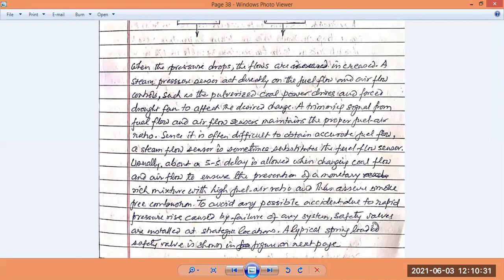A trimming signal on the fuel flow and airflow sensors maintains the proper fuel-air ratio. It means a specific amount of air is required for a specific amount of fuel flow. So you have to maintain it, and there is another signal, the output of both of them, which tells you whether this air-fuel ratio is properly maintained. This is called the trimming signal.